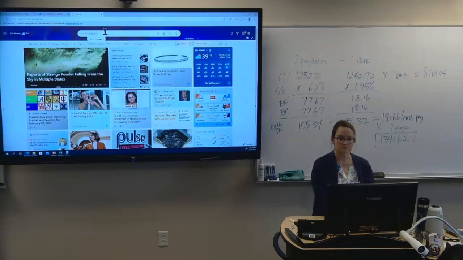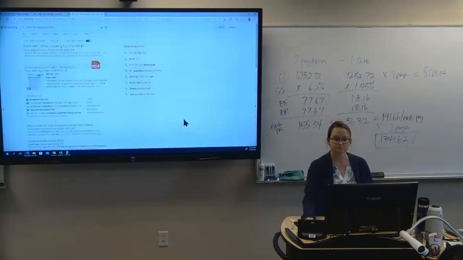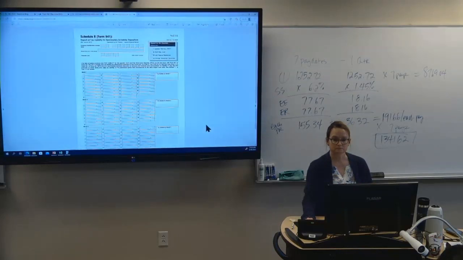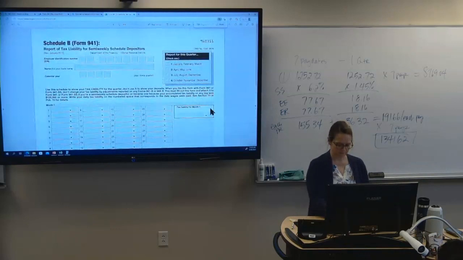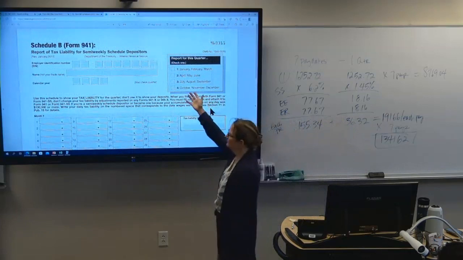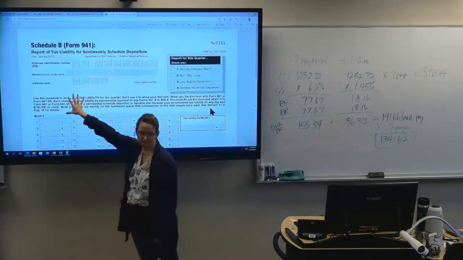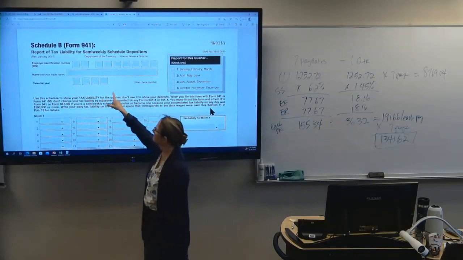941 Schedule B 2022. This is what Schedule B looks like. So you see, again, at the top, employer identification number. We don't have to put the address and all that stuff on the Schedule B. This is going to accompany the 941.